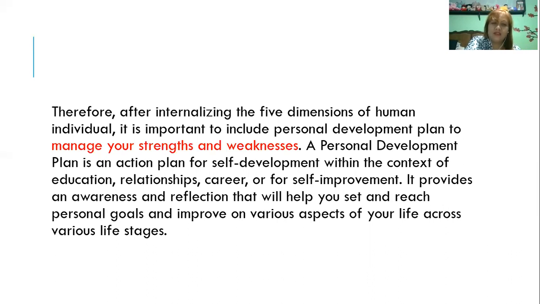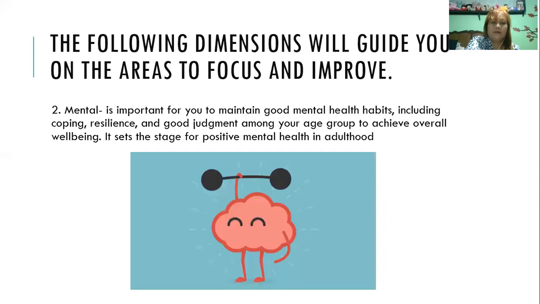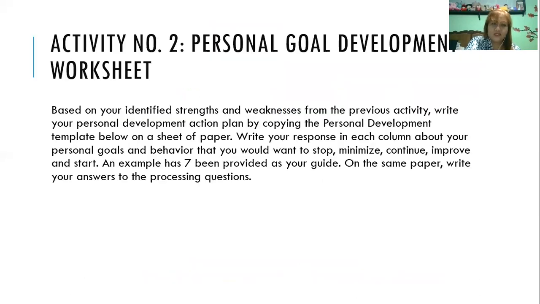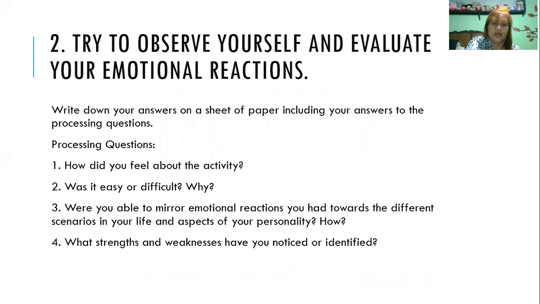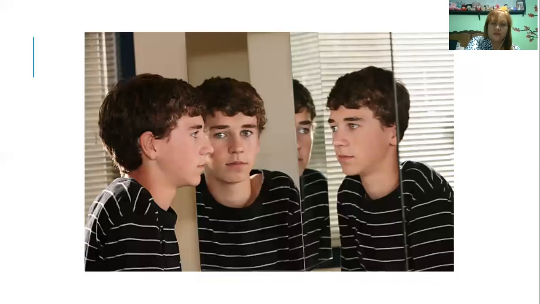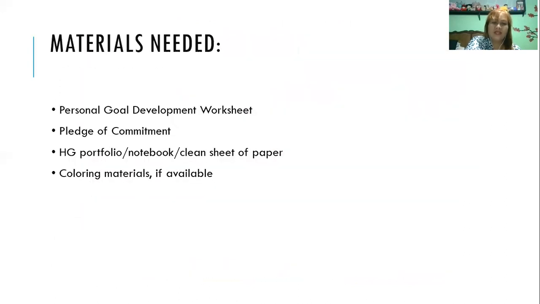You can tag me if you like. You're also going to finish the personal goal development worksheet, and you have that in your module as well. And you have the processing questions for the mirroring therapy activity that we have, which you answer afterwards. Okay, I think that's it.